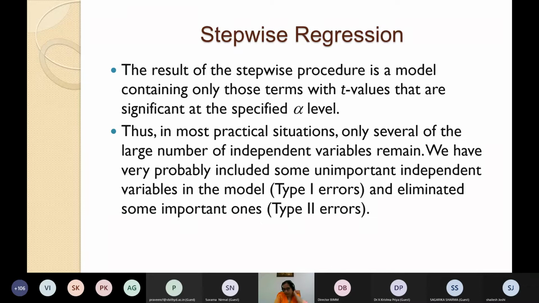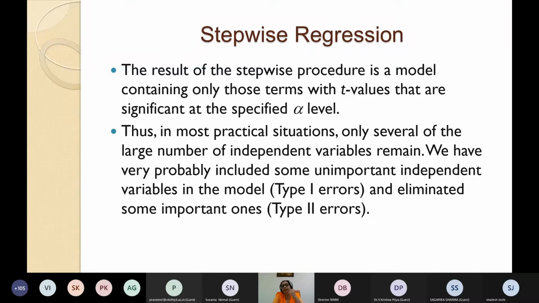What's happening is that you can have different kinds of errors, wherein you might be choosing some unimportant independent variables in the model, that is a type 1 error, or you are eliminating some important variables, that is a type 2 error, which is, you can say, a bigger problem, because if you're not able to identify the variables or the exact reasons why there is a variation in the dependent variable, then the whole process of regression becomes redundant.